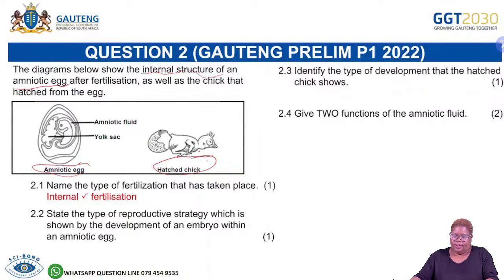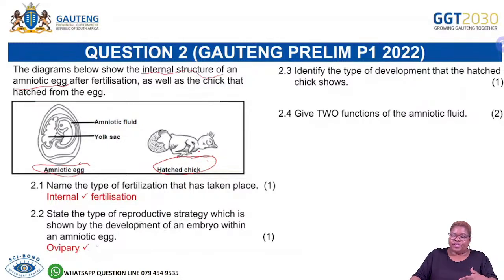organs, right? State the type of reproductive strategy which is shown by the development of the embryo within the amniotic egg. The type of reproductive strategy is ovipary, so it's important to understand, to differentiate between those types of reproductive strategies, right?